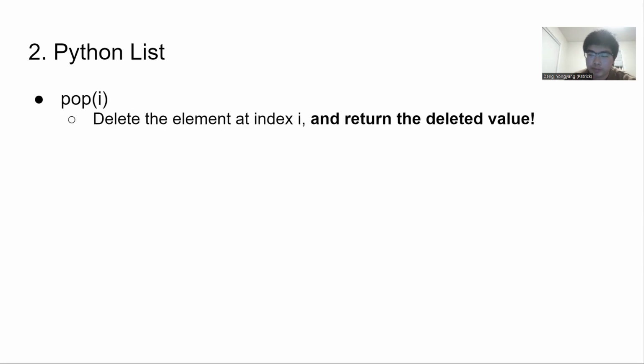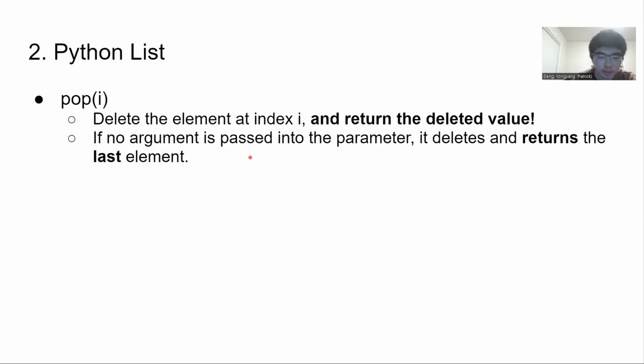The pop method also returns the deleted value. Suppose I delete a value from the 0th place; after deleting it, I return this value back. If you do not pass in any arguments, it will delete and return the last one, like a stack where you take the last one out.